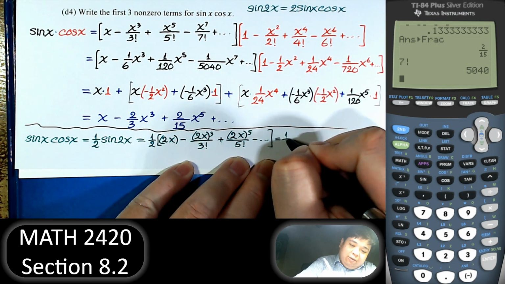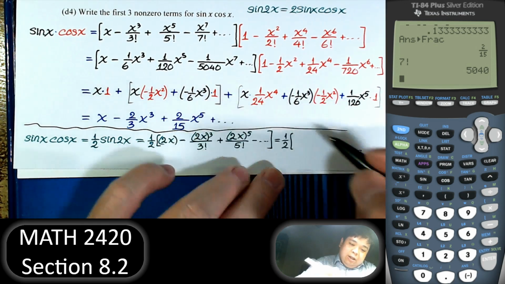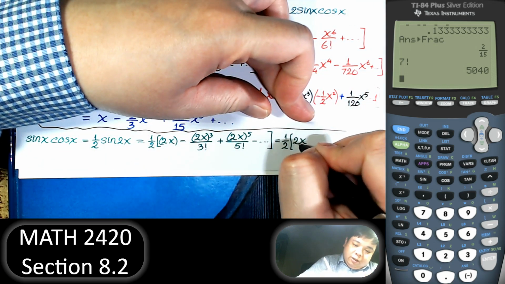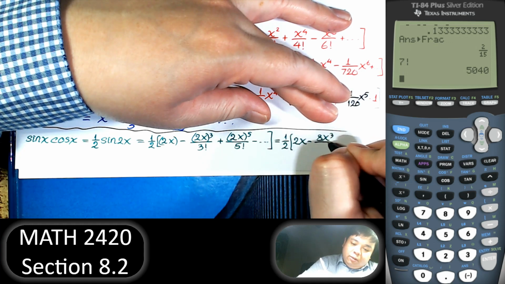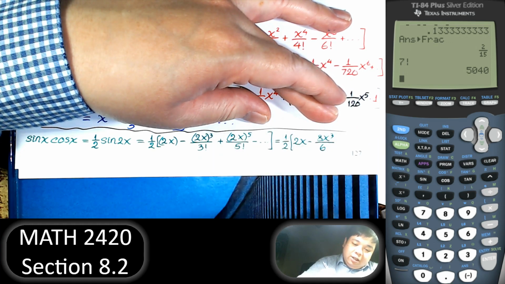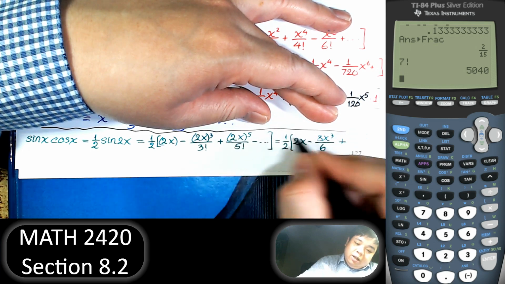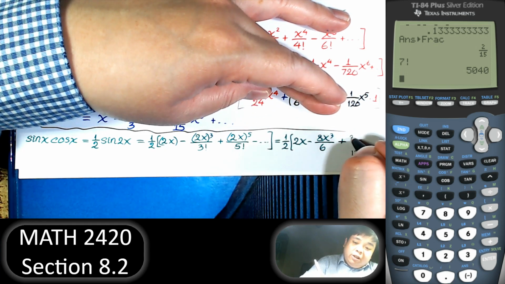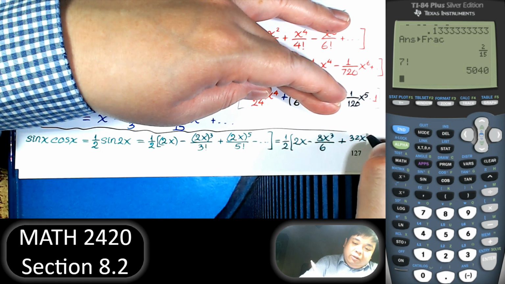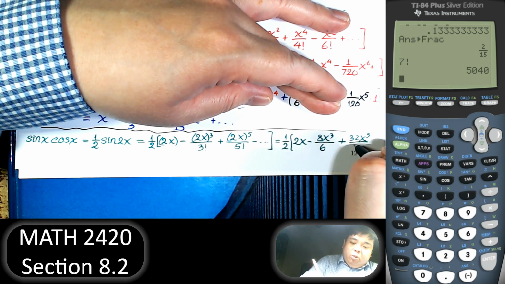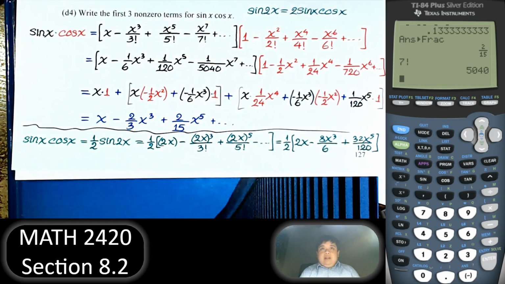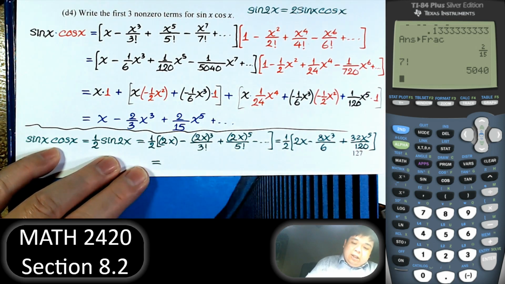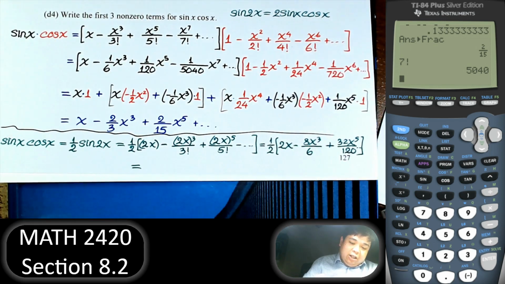Now we have 1/2 times 2x. 2x cubed will be 8x cubed over 6, plus 2 to the 5th, 32, x to the 5th over 120, 5 factorial. Of course, keep going on that series.